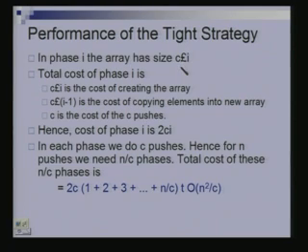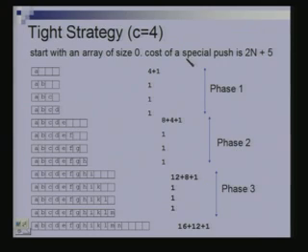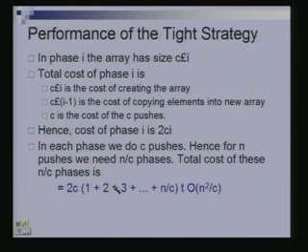This pound is a multiplication operator. So, think of this as multiply, right. So, in phase i, the size of the array is c into i. Yeah, in phase 1 it is c, in phase 2 it is 2c, in phase 3 it is 3c, and so on. So, the size of the array is c into i.